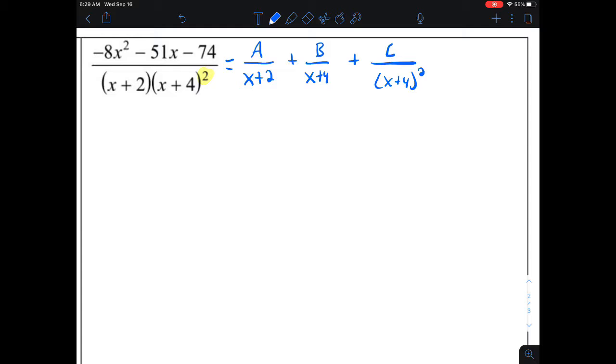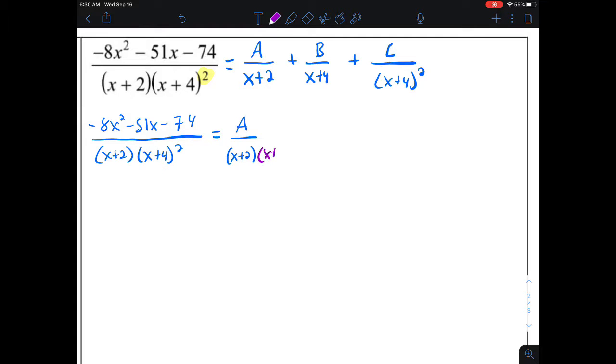Now we'll go through the process that we did before. We need to write everything with a common denominator, so I need to show the products. So a would have to get multiplied by x plus 4 squared.